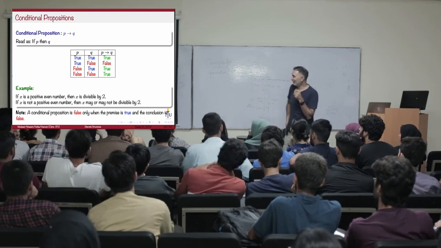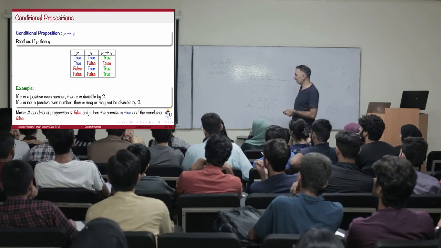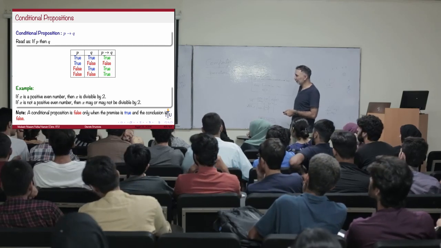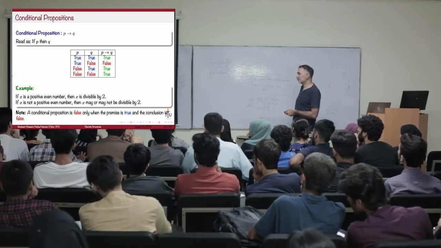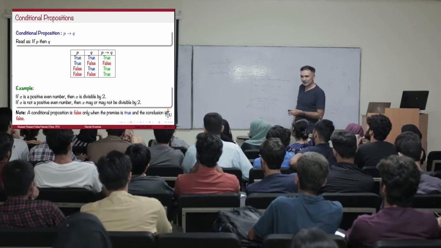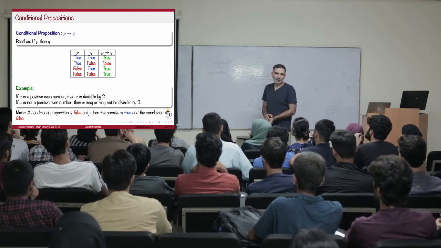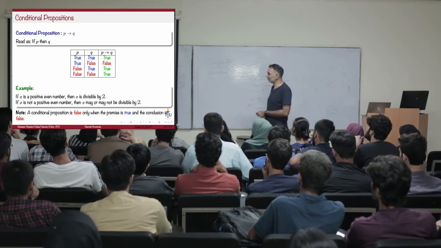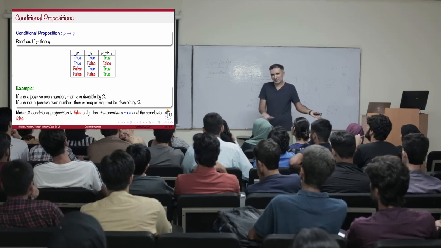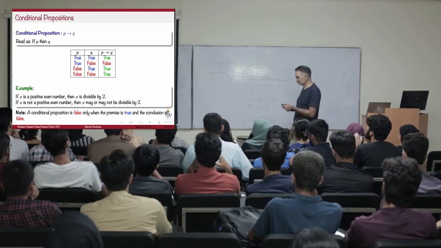Let's read it again. It says that if x is not a positive even number, then x may or may not be divisible by 2. Is it true or false? It's vacuously true. I'm not promising anything. I'm saying this could happen or that could happen. The statement is true.